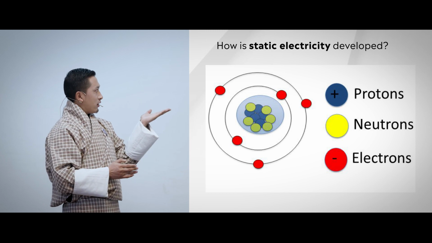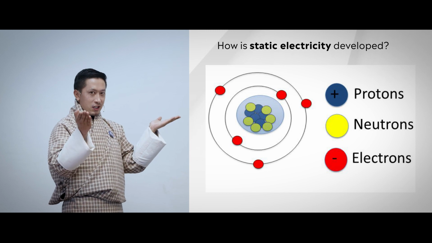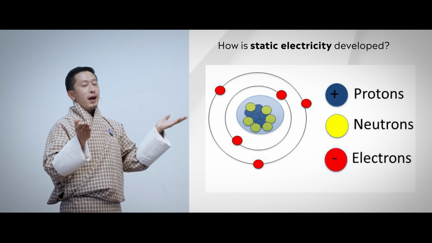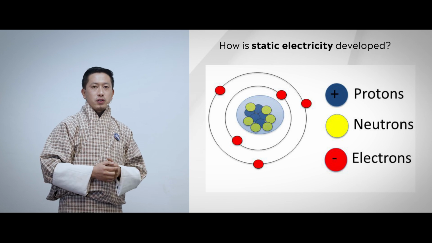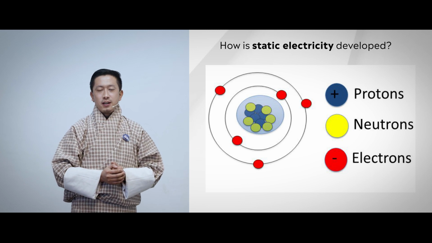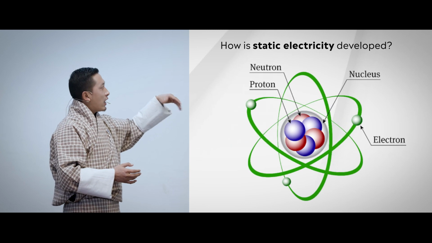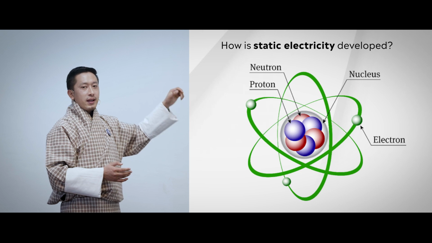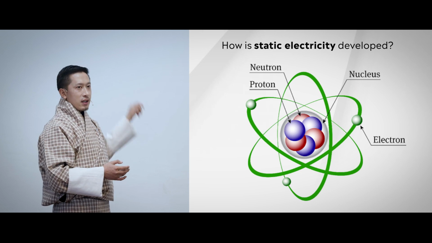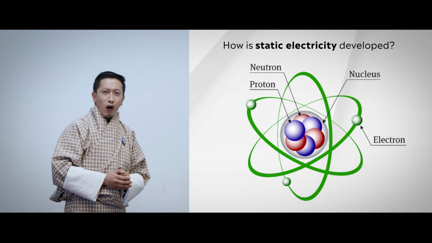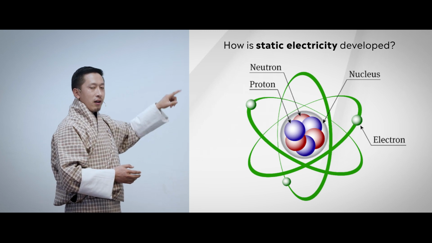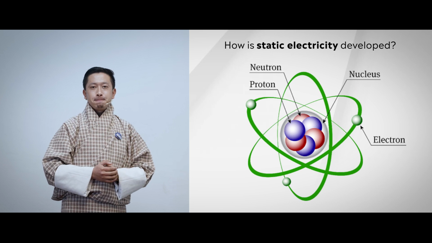In an atomic model, as you have studied in your lower classes, an atom consists of protons, neutrons, and electrons. These are the subatomic particles. Protons and neutrons are in the nucleus of an atom, and electrons are revolving in the shells around the nucleus.